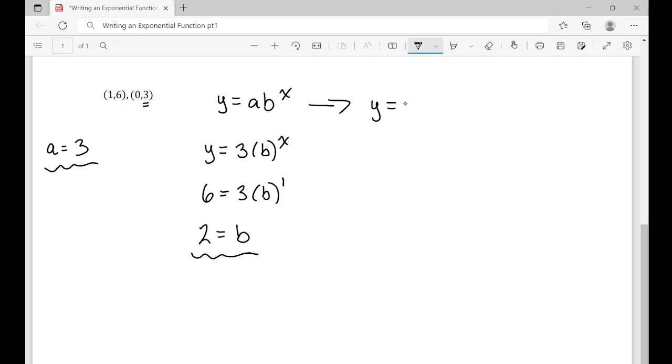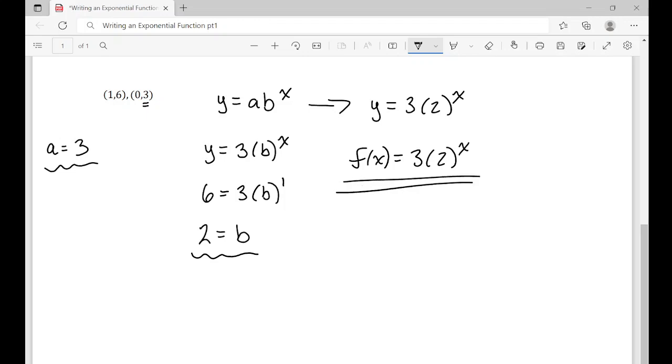So y equals 3 times 2 raised to the x. And again, I want function notation, so I'm just going to change it from y equals into f of x equals 3 times 2 to the x. And here's the equation given these 2 points.